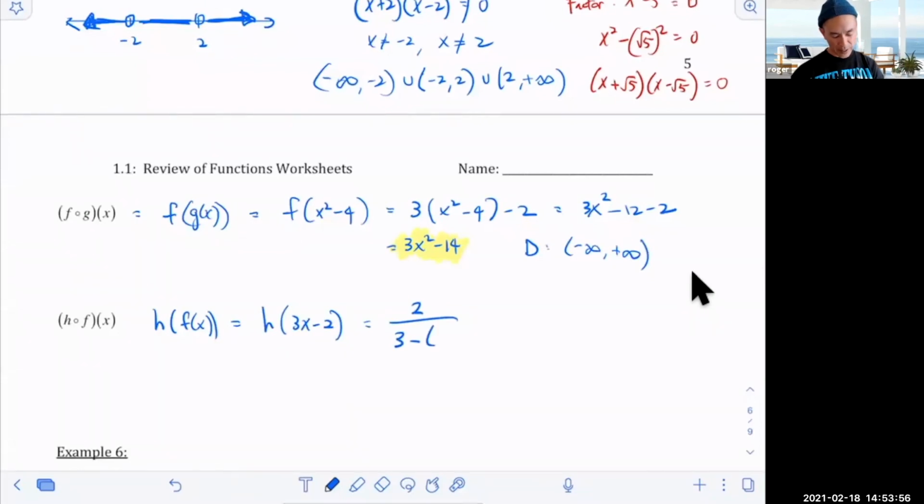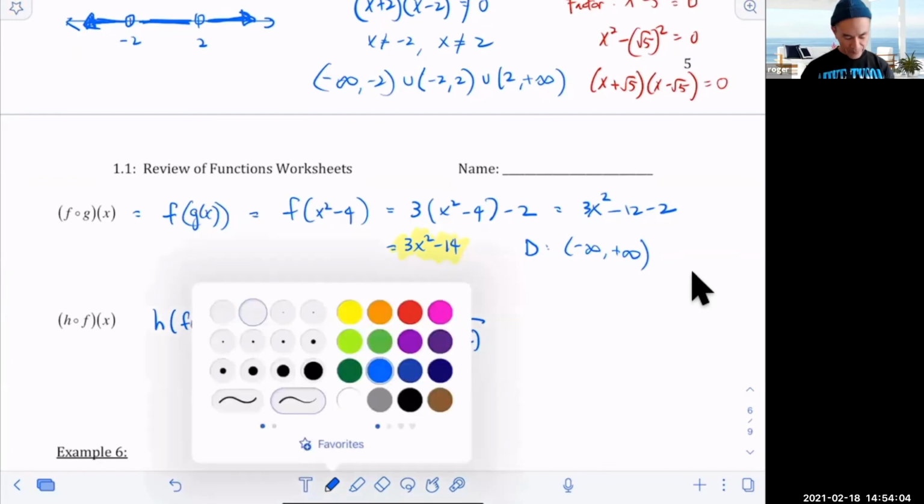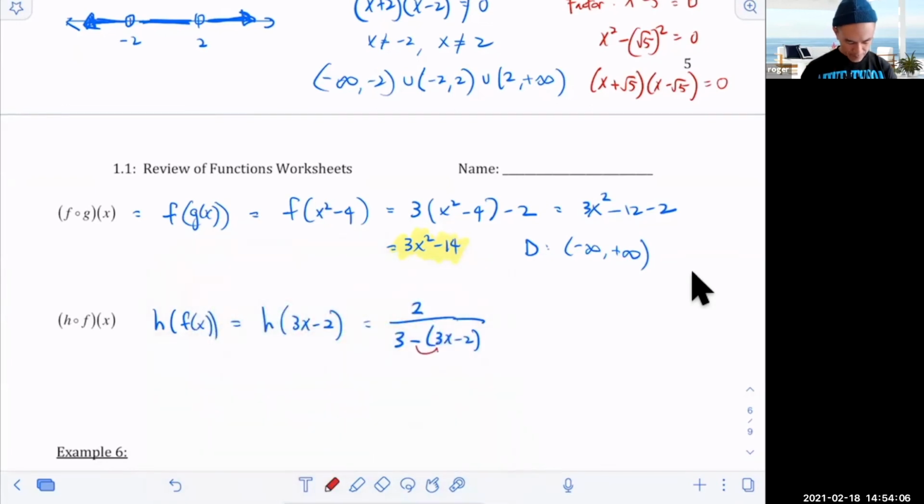So this will be parentheses 3x minus 2. That makes sense? Now we need to distribute the negative like this. So we got 2 divided by 3 minus 3x plus 2. And that simplifies to 2 over 1 minus 3x.